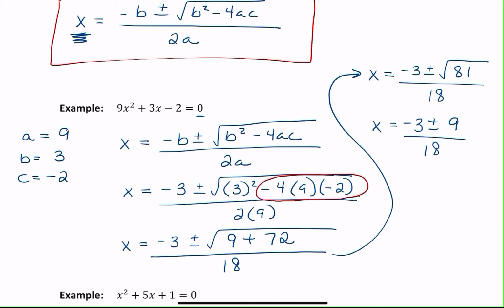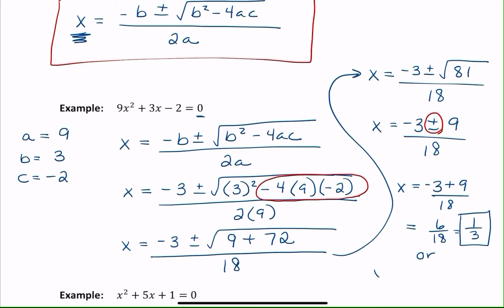Okay? So what that means is you've got two answers. You've got x equals negative 3 plus 9 over 18, which is going to be 6 over 18, which will reduce to 1/3. So this is one solution.